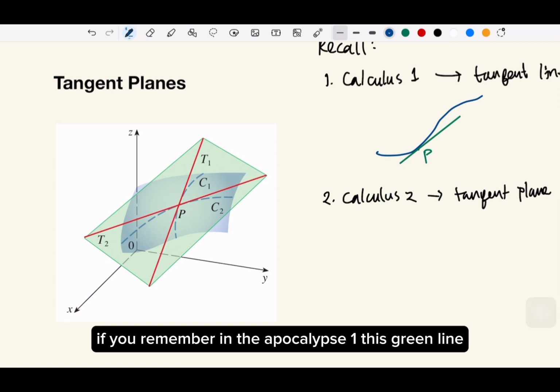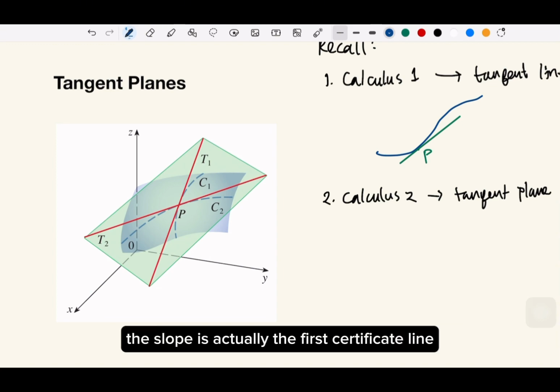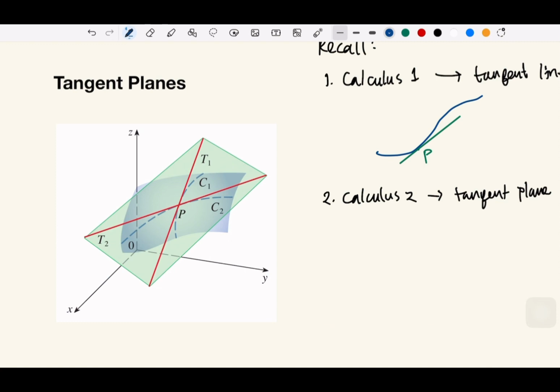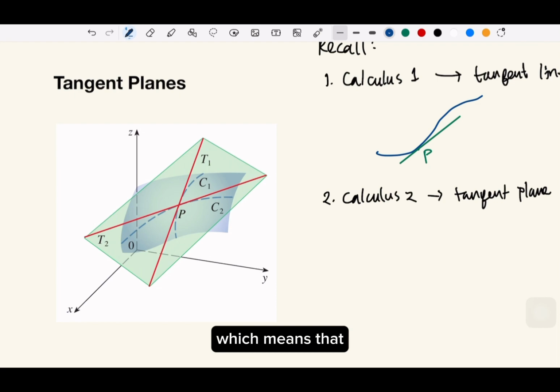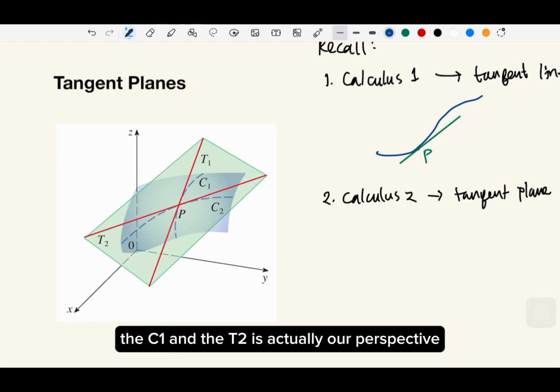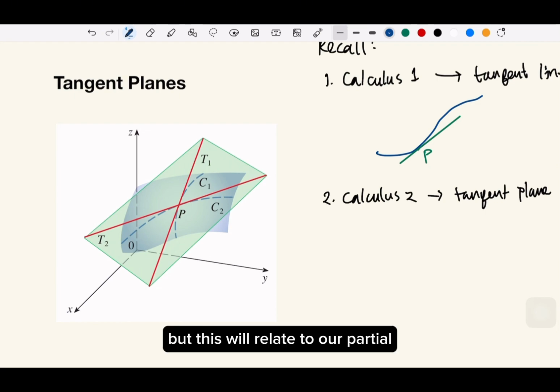If you remember, in calculus 1, this green line, the slope is actually the first derivative, right? But now we have a function of two variables. This T1 and T2 are similar in reason to calculus 1, which means that T1 and T2 are actually our derivatives, but they relate to our partials. Since this is on x, this is the partial with respect to x. The T2 is the partial with respect to y.